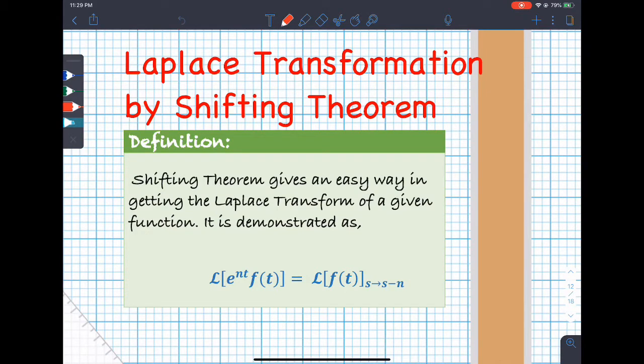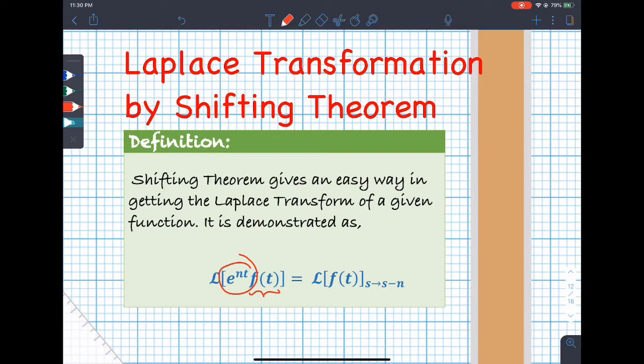The shifting theorem gives an easy way of getting the Laplace transform of a function if it is multiplied with an exponential function. As long as it is multiplied with an exponential function, we could use this.